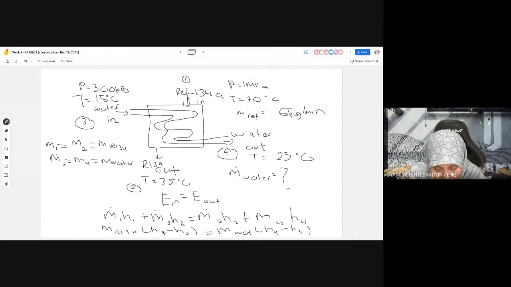Okay, we start with the water first, H4 and H3. So we use the table for water.